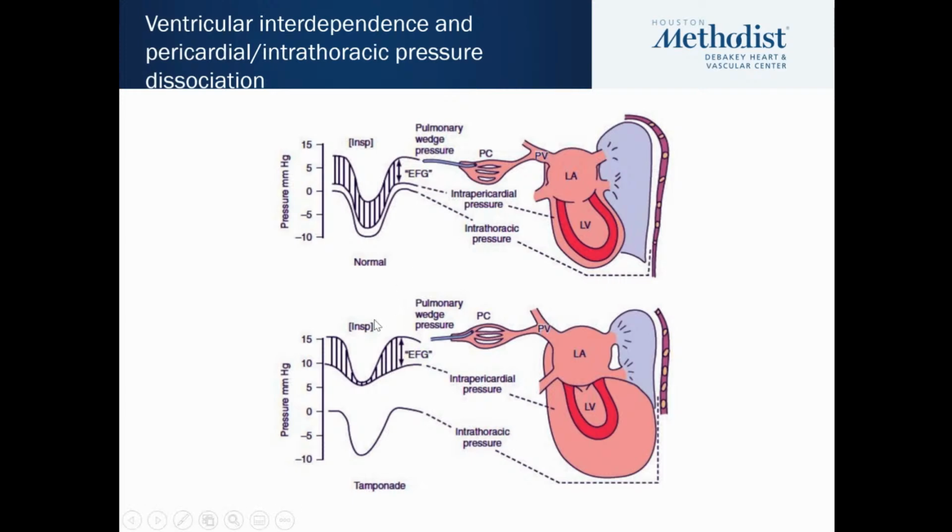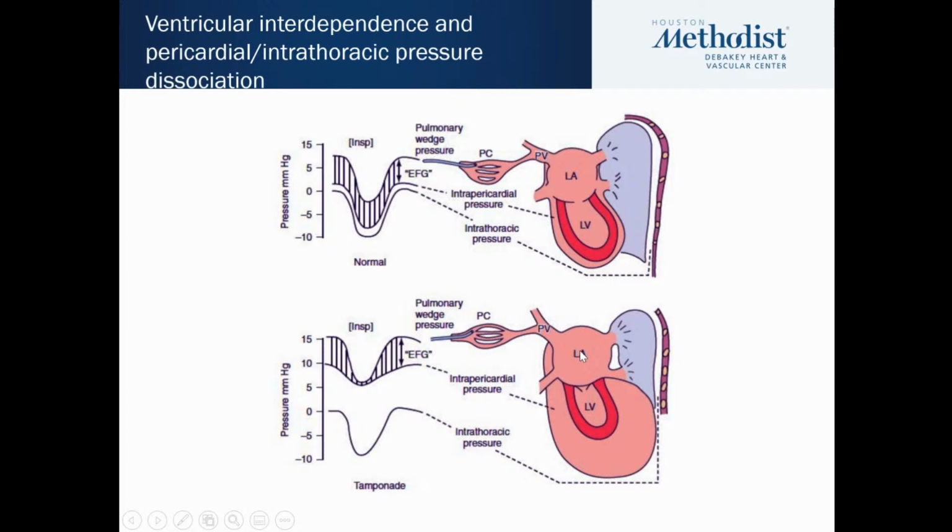thoracic cavity change. You notice that as the patient inspires and creates a negative pressure, first of all, the intrapericardial pressure is higher, and then that gradient is actually abolished during inspiration, which will lead to a lower flow rate from the pulmonary veins to the left atrium.